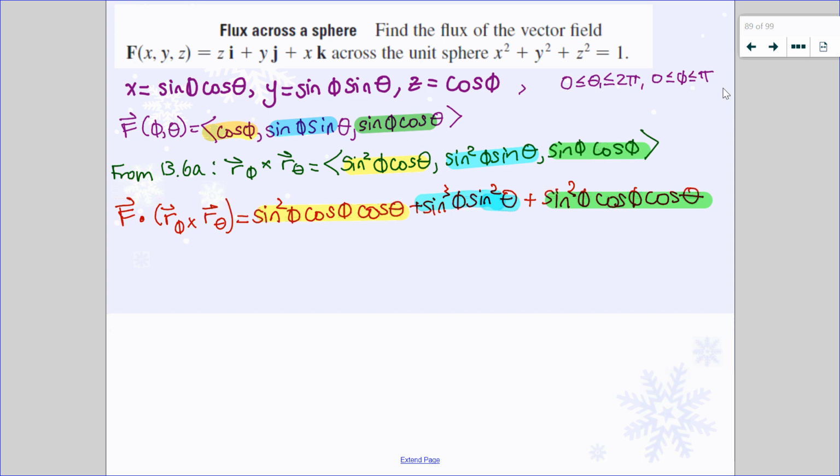So now it looks as if our yellow highlight and our green highlight are actually the same terms. So we can combine those like terms to get our integrand.